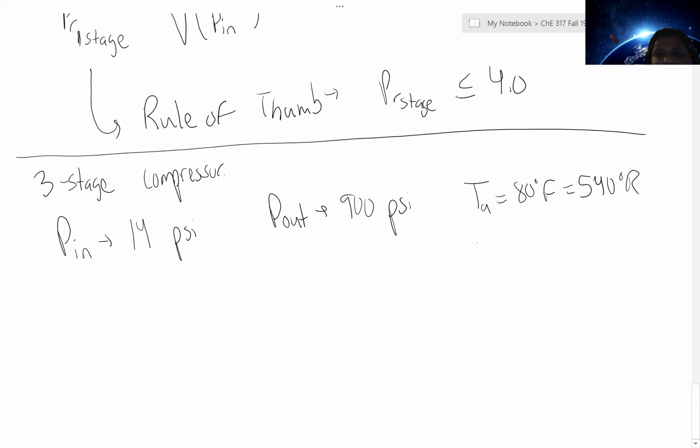Our initial flow rate as provided is 180 standard cubic feet per minute. So we're looking for the power given the efficiency of 80% or 0.8, and the expected temperature at the outlet of a single compressor stage.